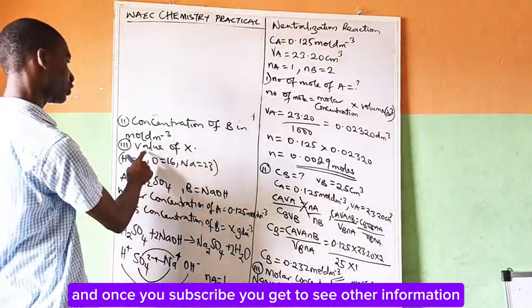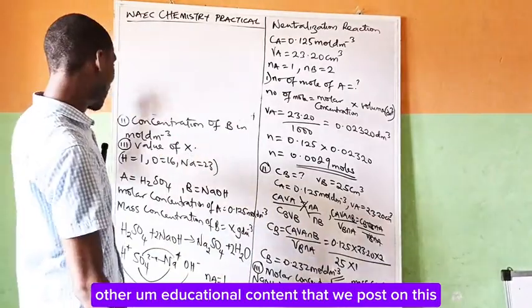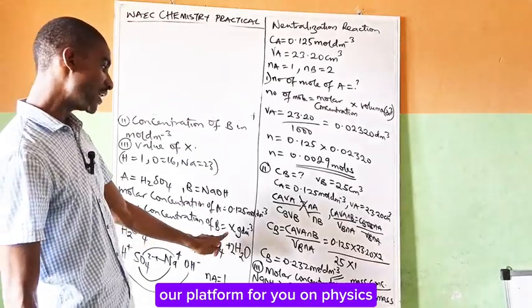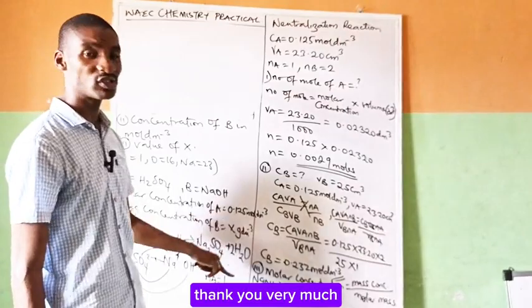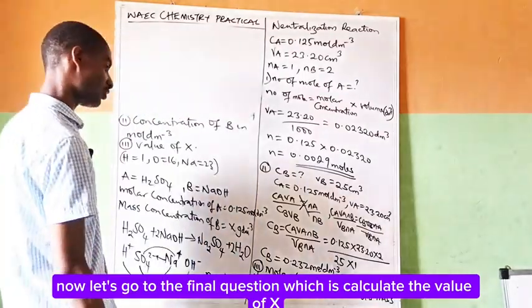The final question says we should find the value of X, and I've told you the formula for calculating. You remember the mass concentration we were given. Mass concentration of B is X gram per dm3. So we are looking for this X, which is the mass concentration of B, and the formula is molar concentration equals mass concentration over molar mass.